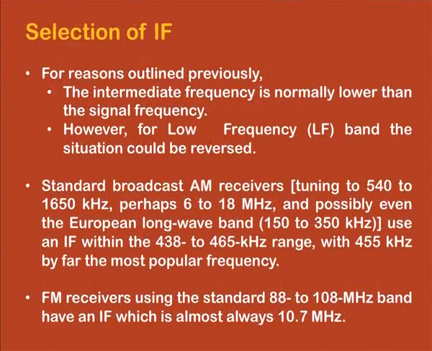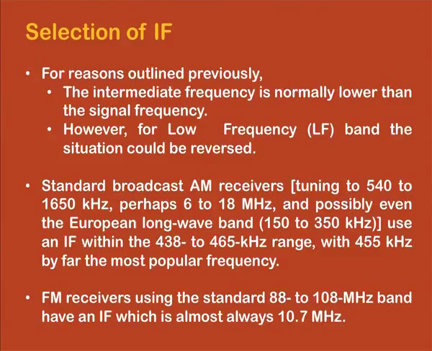So, as discussed, for the reasons outlined previously, the intermediate frequency is normally lower than the signal frequency. However, in the low frequency band, the incoming signal is already much lower. So, we can select an IF which is slightly higher.